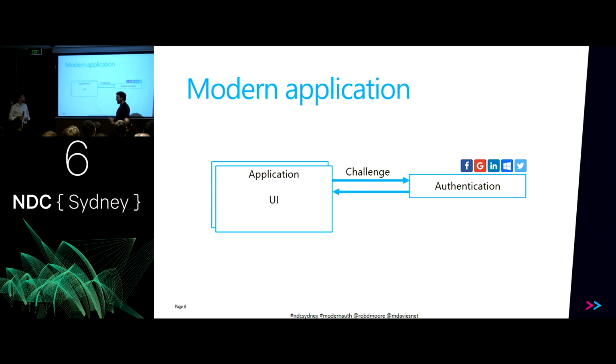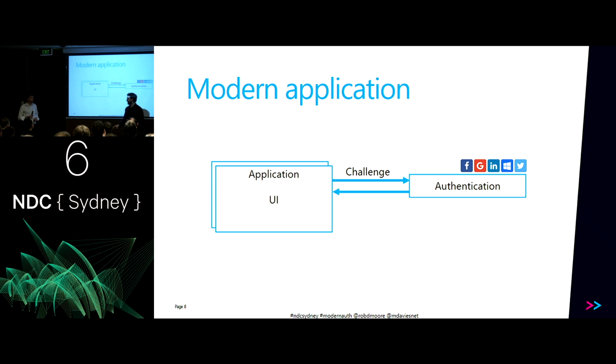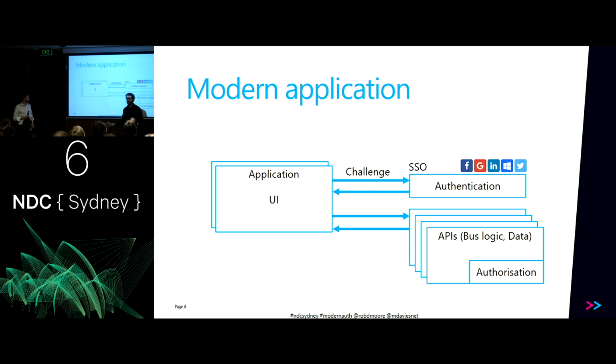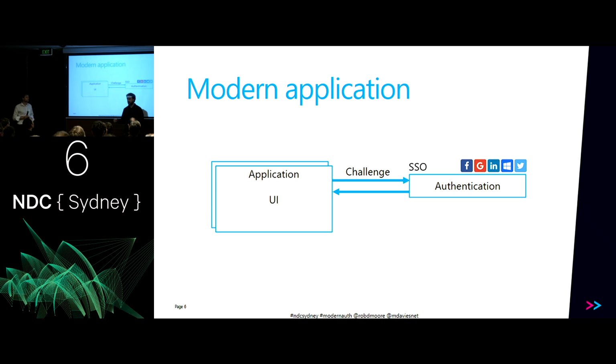And these guys have invested a lot of time and money and effort into coming up with really, really secure implementations of this stuff. And frankly, there's some really, really clever people who come up with this stuff, and they make sure that it works really, really well, and we get all of that for free. The second thing that we get out of this is really easy single sign-on. So users just have to maintain one identity. They can go use it in a bunch of different places. They don't have to remember a bunch of different passwords. It creates a really good experience for them. So that's the first thing that we're seeing.